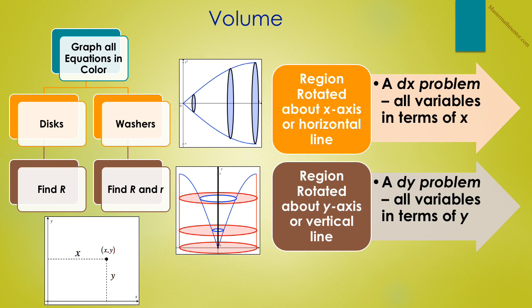If the region is rotated about the y-axis or any vertical line, then this is a dy problem and all variables are in terms of y. We are now going to do a number of problems to illustrate all possibilities.